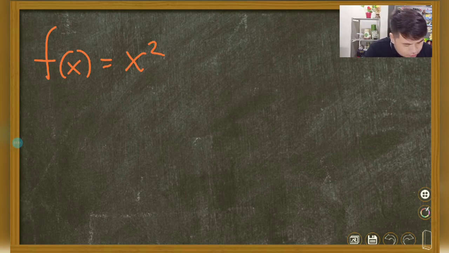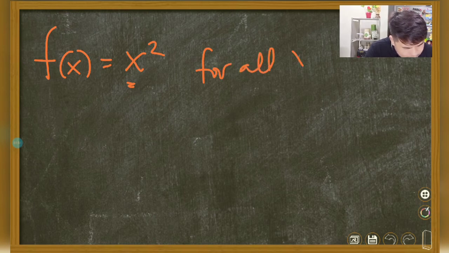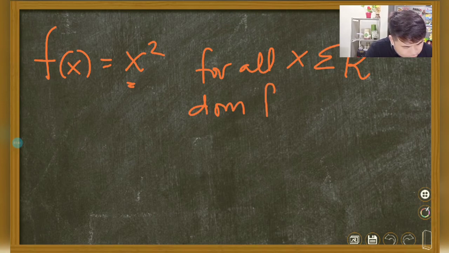Okay, so the expression x squared is a real number for all x, where x are all real numbers. So the domain of the function, of course, is all real numbers.